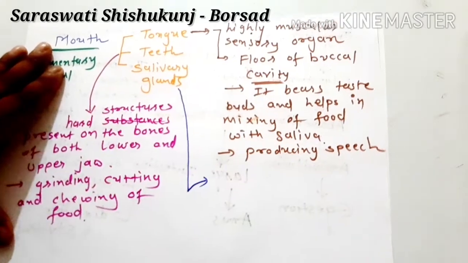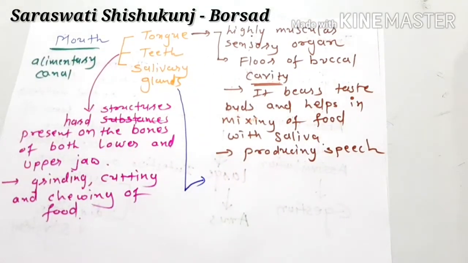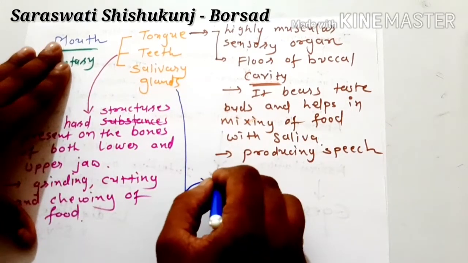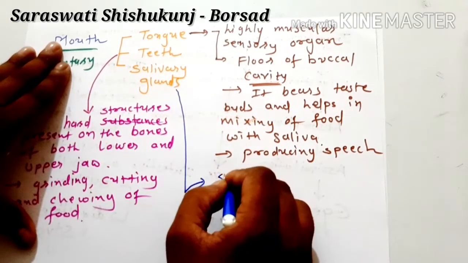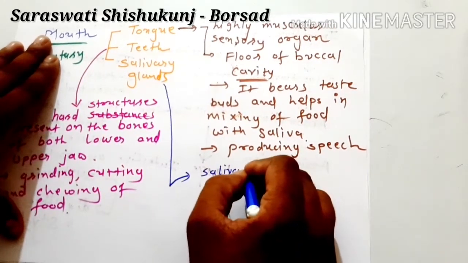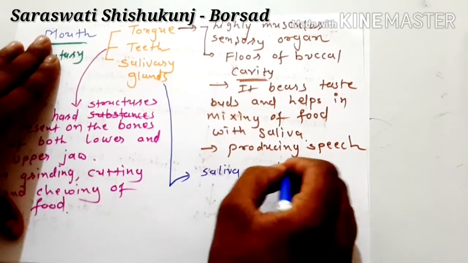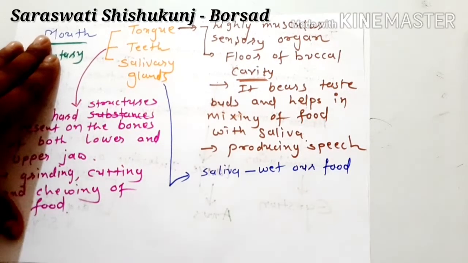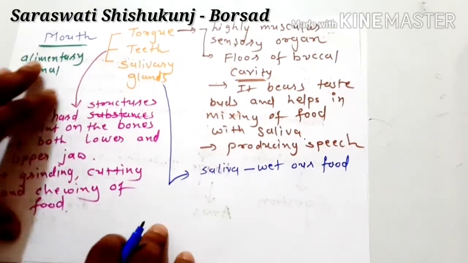Now see how the salivary glands are useful to us. Salivary glands secrete saliva. What is the function of this saliva? It makes our food wet. Our food gets wet with the help of saliva.